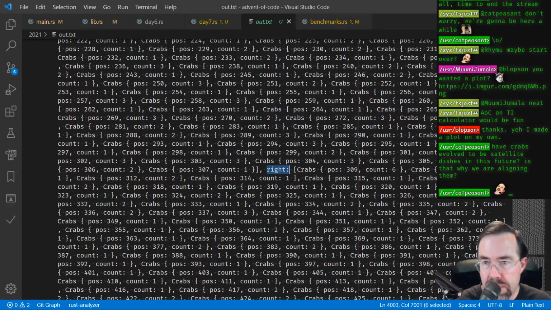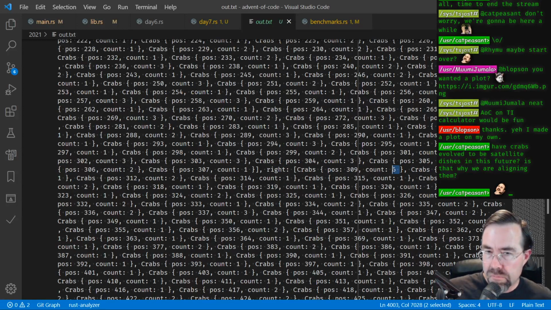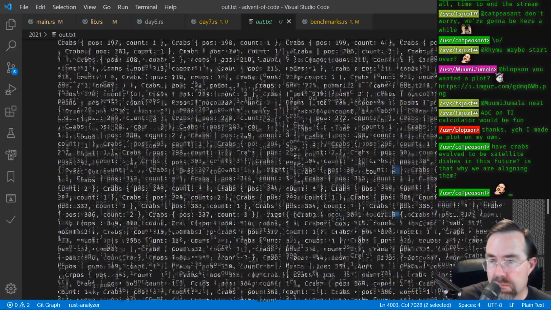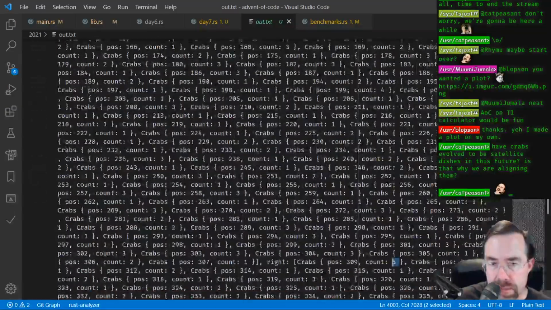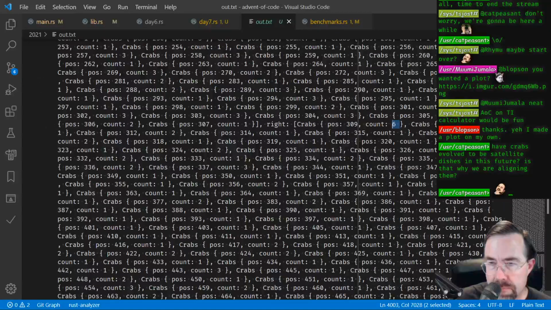Oh yeah, immediately to the right of the estimate there's 6, so it can't move those to the left. 308 was the estimate? No, 308, yeah. Yeah, then there would be too much. Well, hold on. Balance of 3.